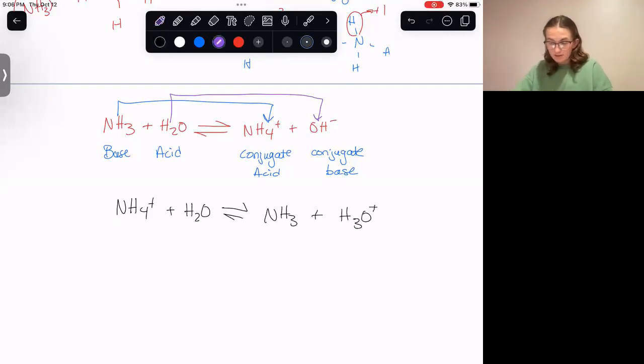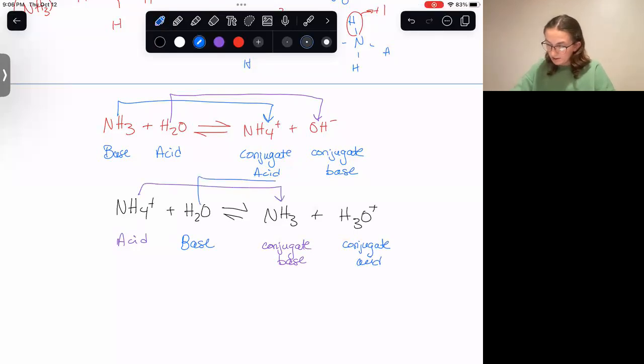Now in this case, NH4 plus is your acid, water is your base, NH3 is your conjugate base, and H3O plus is your conjugate acid. So it just depends on the context that you're speaking in of whether it's considered a conjugate acid or just a straight up acid.